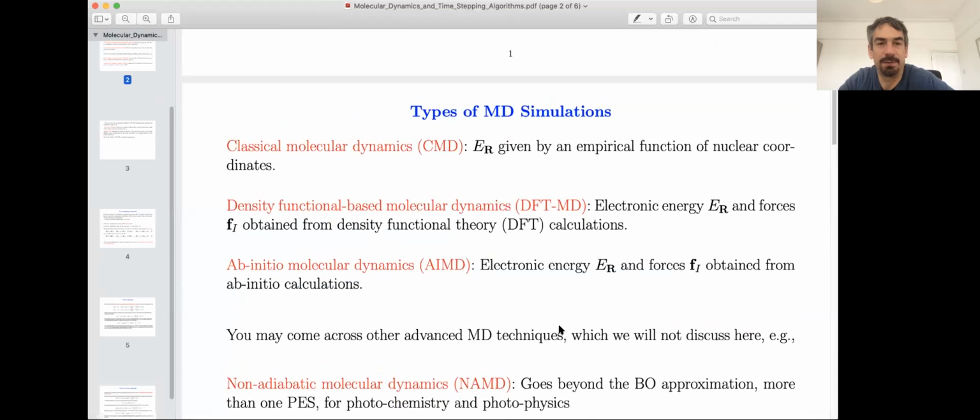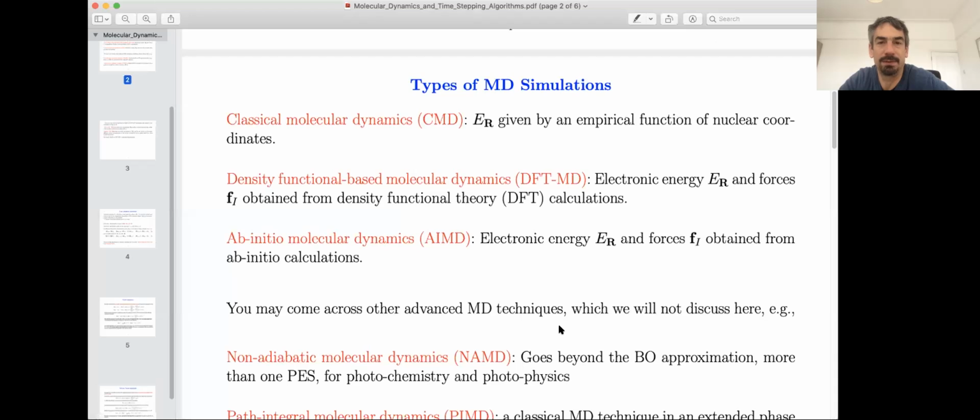Yeah, here's just a sort of incomplete list of the types of MD simulations that are common. So, the most straightforward kind of MD simulation is a classical MD simulation.